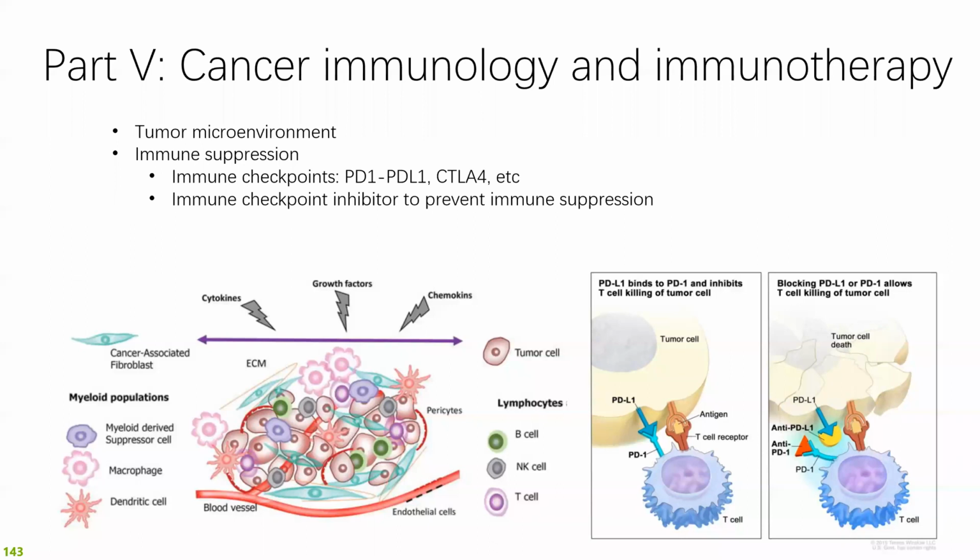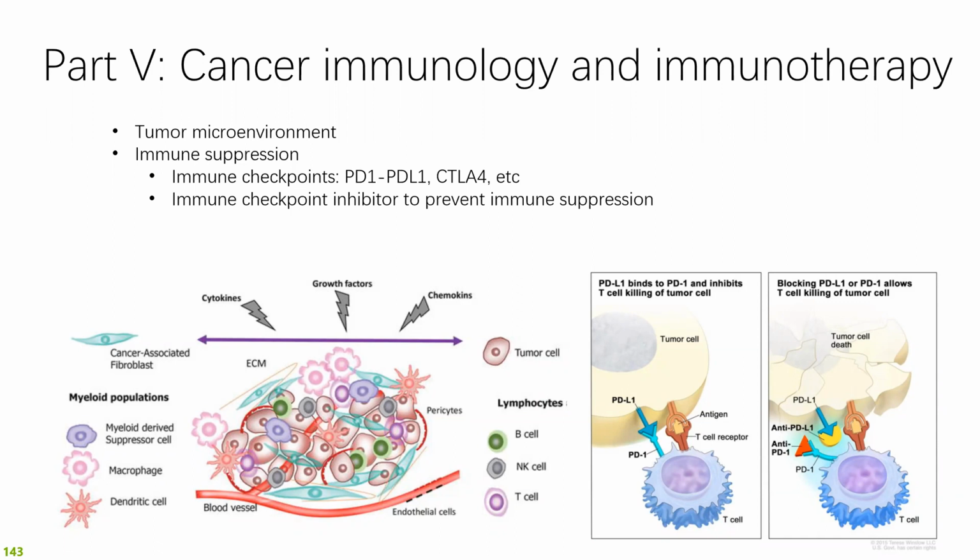So let's move on to part 5, the last part of homework 6, which focuses on cancer immunology and immunotherapy. First, some background knowledge. Tumors do not exist alone in your body.